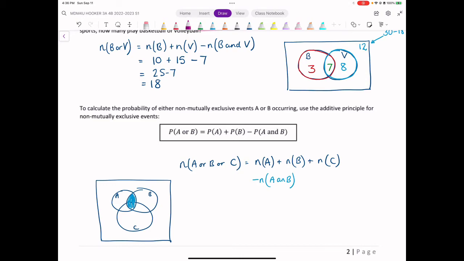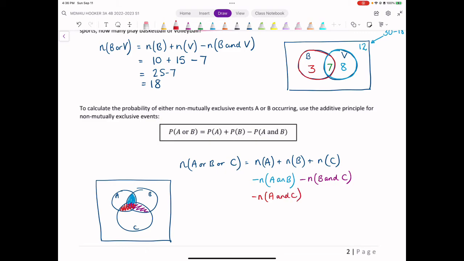Then bear in mind we'll have also counted this section twice, so we're going to take it away, B and C. And we will have counted this section twice, but do you see what's happened?